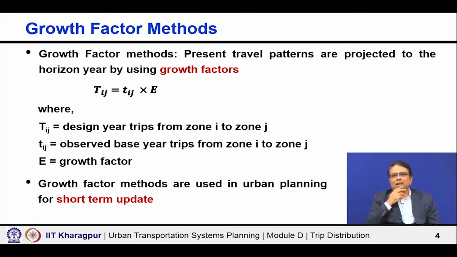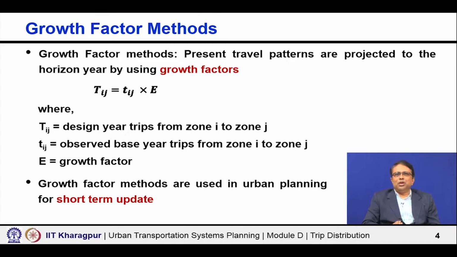Now, for this growth factor, we have said that there are several models which are all put under growth factor methods. How are they different from each other? They are different in terms of how we calculate that E or how we apply that E, the growth factor.